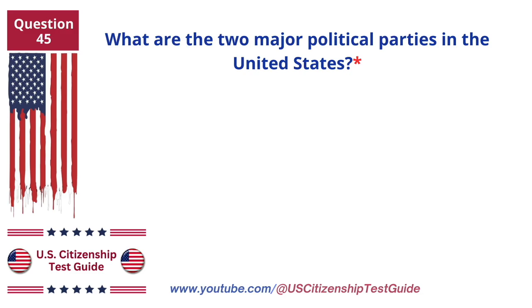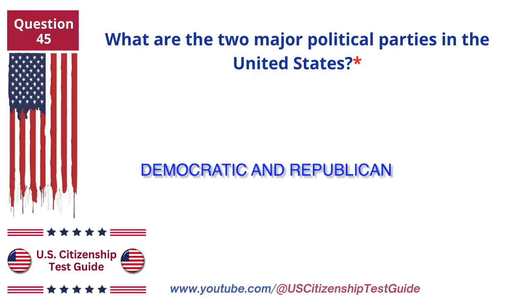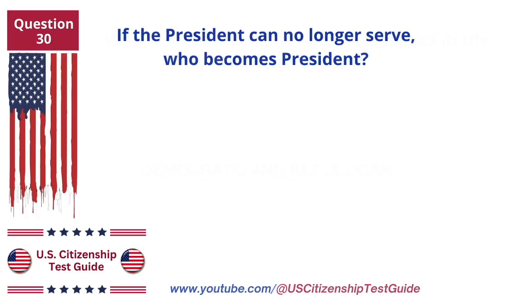What are the two major political parties in the United States? Democratic and Republican. If the president can no longer serve, who becomes president? The vice president.